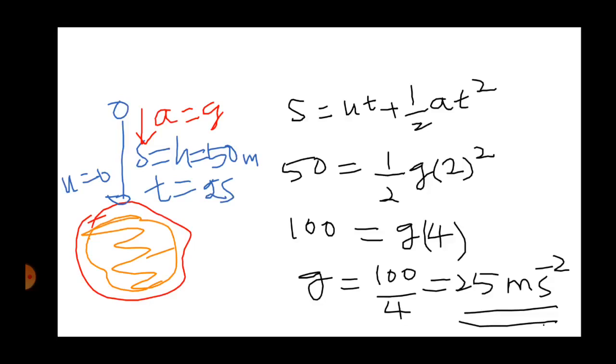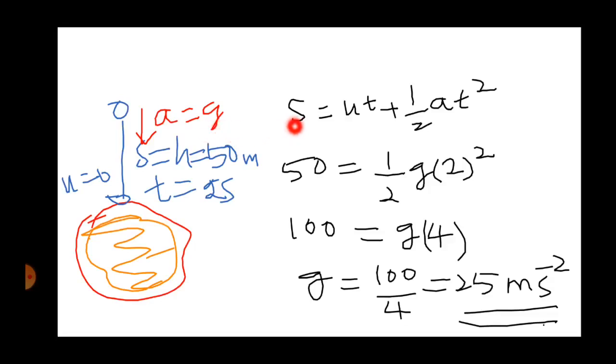Okay. Now consider the unknown planet. The object is thrown from a height of 50 meters. The initial velocity is 0, u is equal to 0, and the acceleration due to gravity g, a is equal to g.